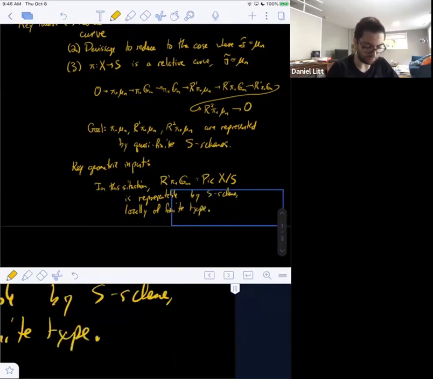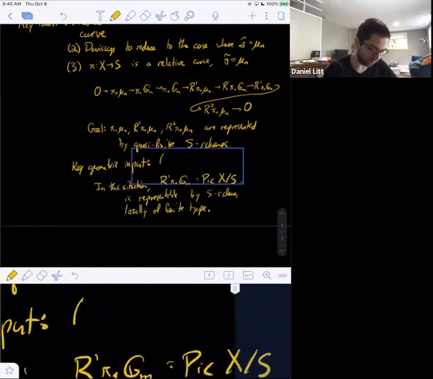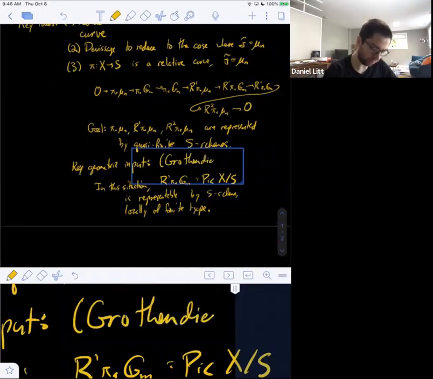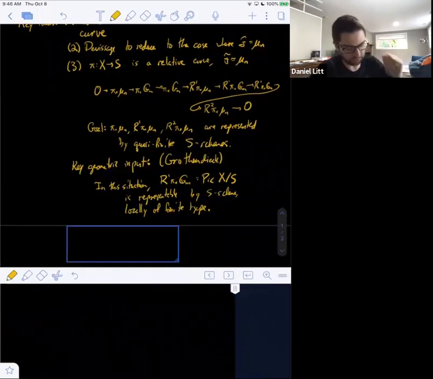One needs a little bit more: a bit of information about the structure theory of this scheme. This key geometric input is due to Grothendieck, and it's highly non-trivial. In the case that S was Spec of a field, this would be the Picard scheme of your curve.